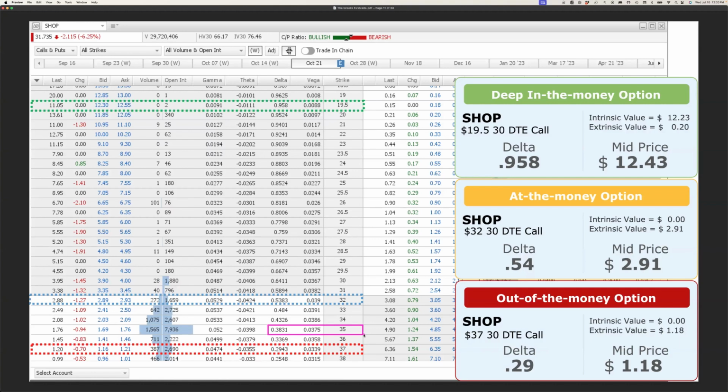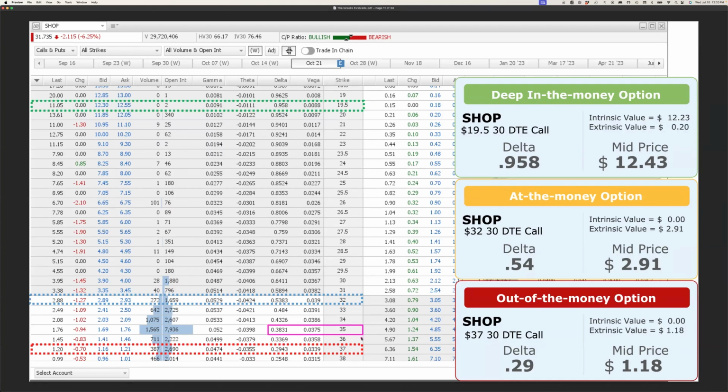This is incredibly useful in helping you select strike prices, because when you take a probability-based approach to selecting your strike prices, you're going to get a much more consistent result, especially with income strategies. Let's say you're selling covered calls or cash secured puts, right?